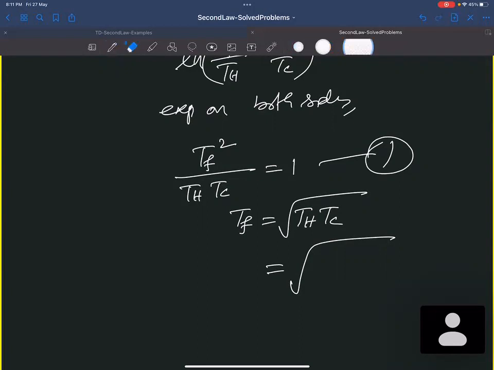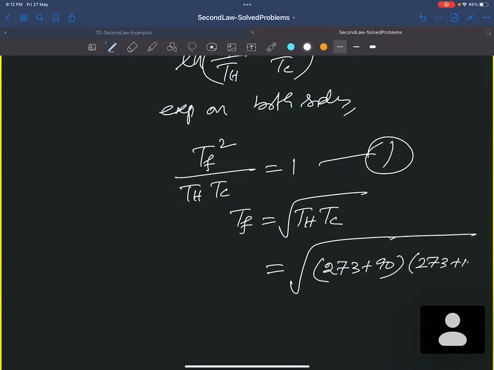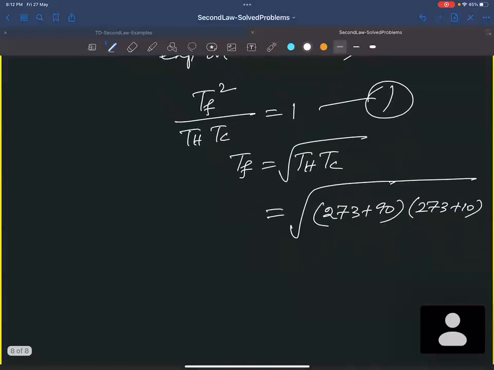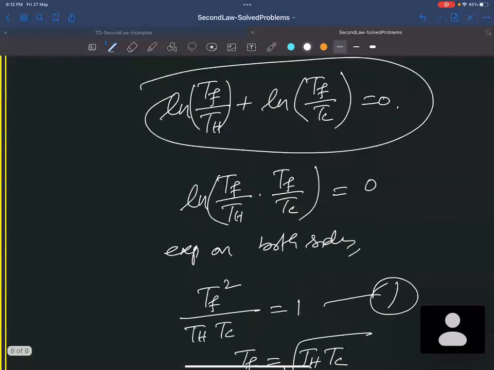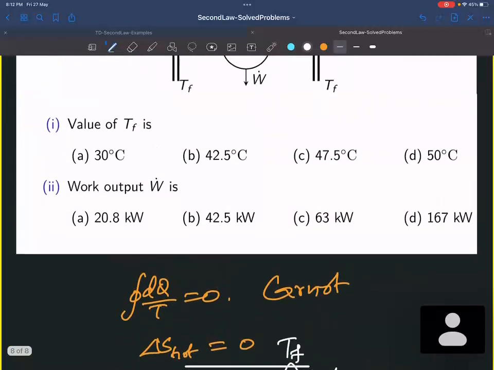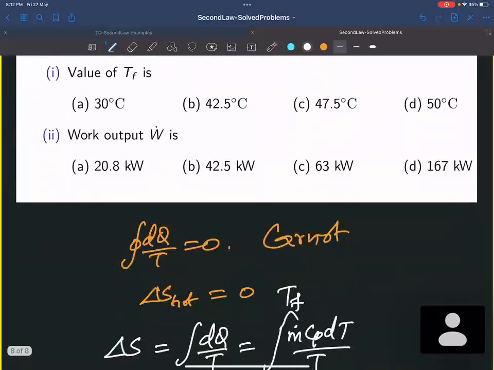So TH is 273 plus 90, and TC is 273 plus 10. The answer is coming to 320.5 Kelvin. Otherwise, in terms of degree Celsius, it is 47.5 degrees Celsius. What is asked? We are asked to find the output temperature, which is 47.5.